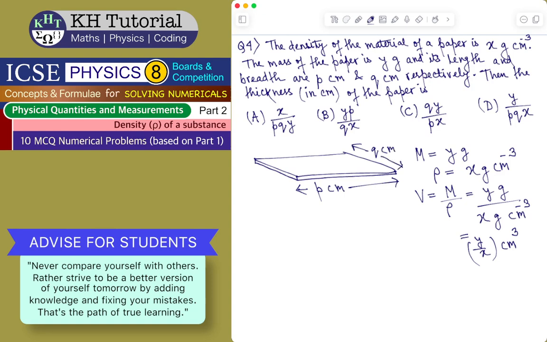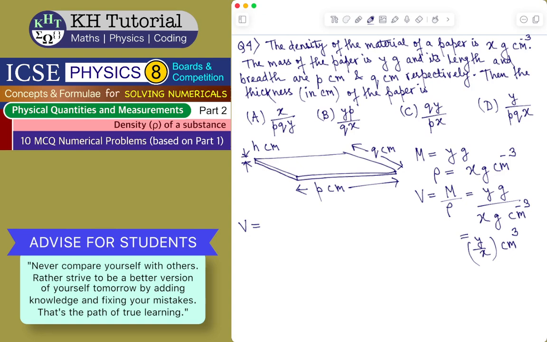Let's say the thickness is h centimeter. Since a paper can be considered a cuboid, the volume is length times breadth times height.